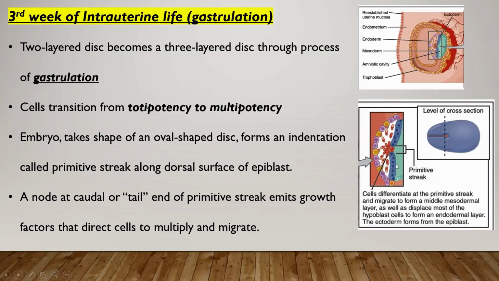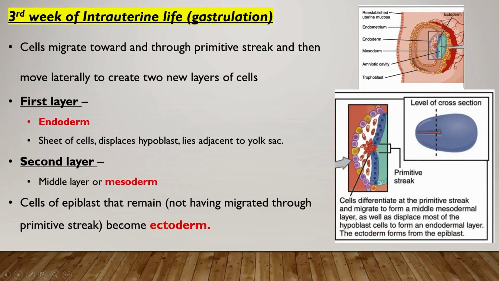So you can see here, this is the epiblast, this is the hypoblast, and on the dorsal surface of the epiblast there is appearance of the primitive streak, and a node at the caudal end or the tail end of the primitive streak emits growth factors that direct cells to multiply and migrate. So here is the primitive streak, and you can see the node at the tail end of the primitive streak. Okay, so that will be releasing the growth factors.